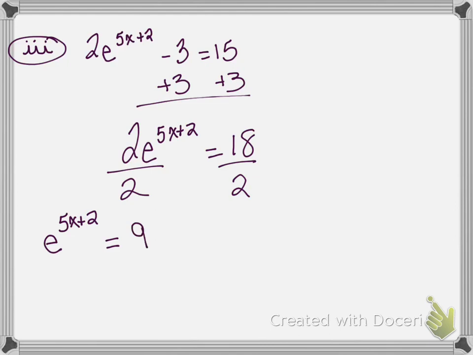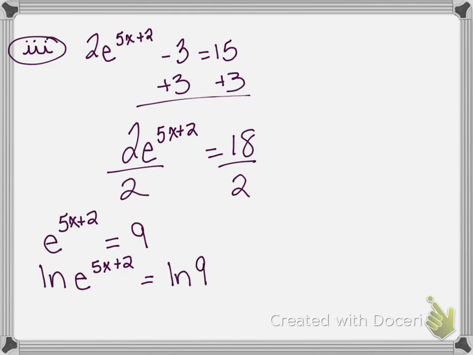Okay, now I'm going to go ahead and take the natural log of both sides, because when I take the natural log of both sides, I'm keeping everything equivalent as long as I do it to both sides. So I've got the natural log of e to the 5x plus 2 equals the natural log of 9.